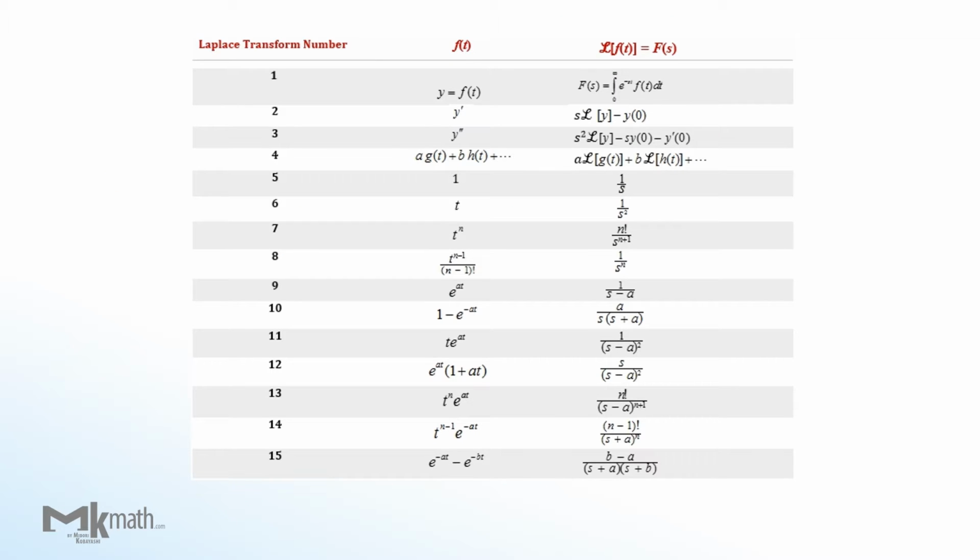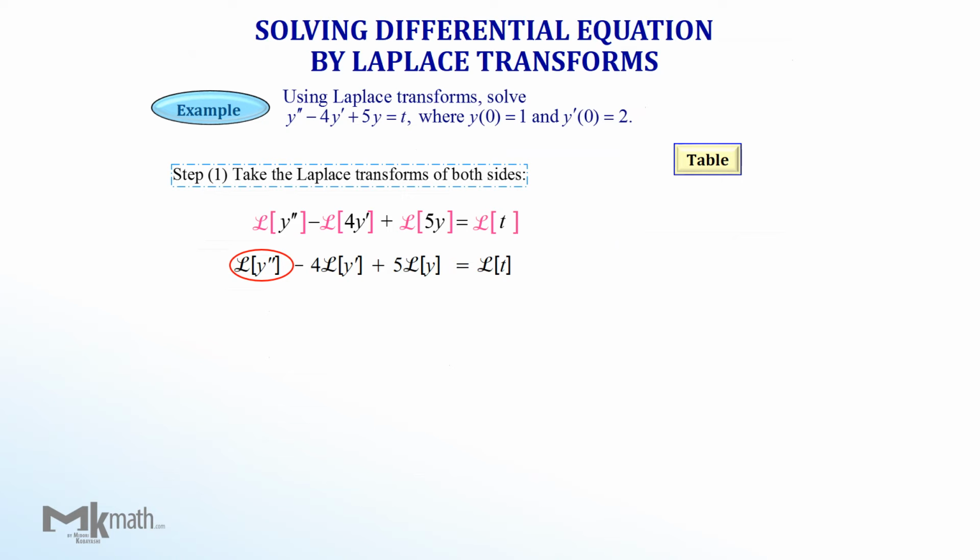This Laplace transform table consists of 3 columns: transform number, f of t, and Laplace transforms. Since the function is y double prime, we take the entry number 3. We found the Laplace transform for y double prime in the table, so we replace the first function with it.